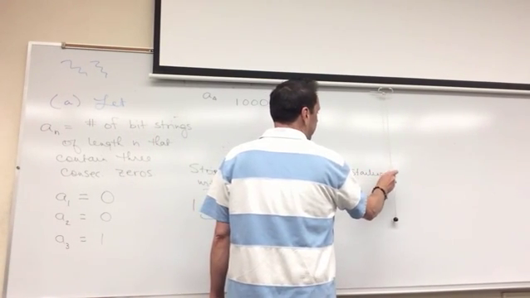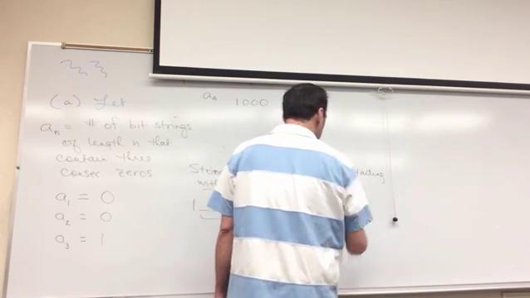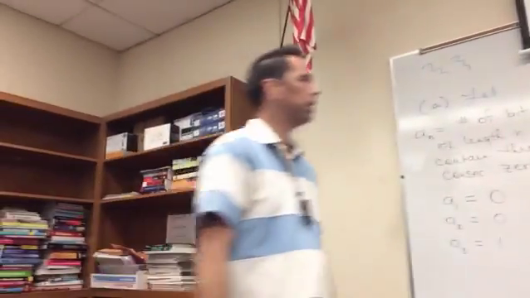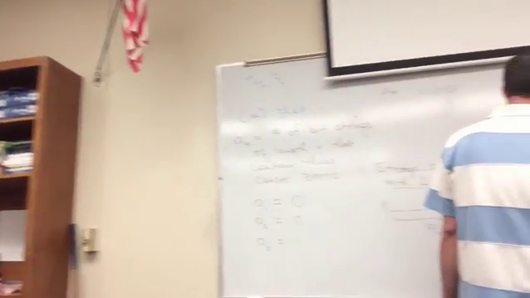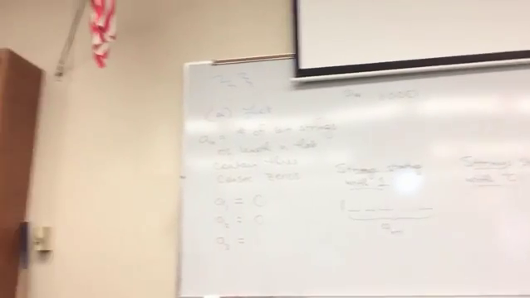Next, look at strings that start with 0, 1. Zero, 1 is also completely unhelpful for getting 3 consecutive zeros, isn't it?